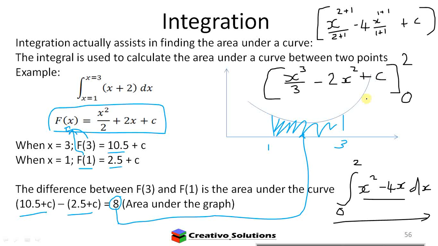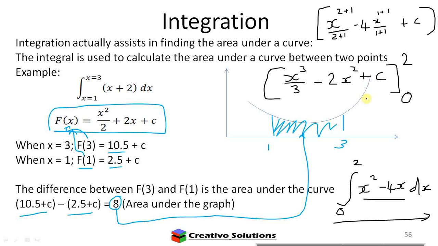Now this is the equation. In the first bracket we're subbing 2 in, minus the second bracket subbing 0. So it's 2 cubed over 3 minus 2 squared plus c. Close that bracket. Minus, bracket, put in zeros: 0 cubed over 3 minus 2 times 0 squared plus c.